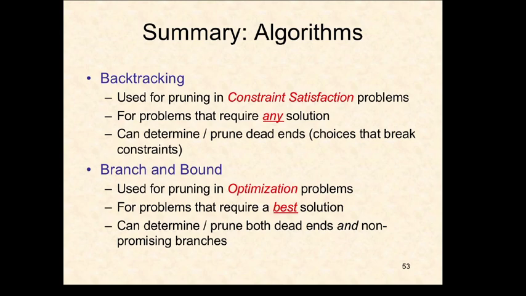There's code. If you want to look at the next set of slides and you want to look at more backtracking, there's sample code in the Canvas files. There's an n queens problem in there, where we're going to try to put n queens on an n by n chessboard without any queen taking any other.